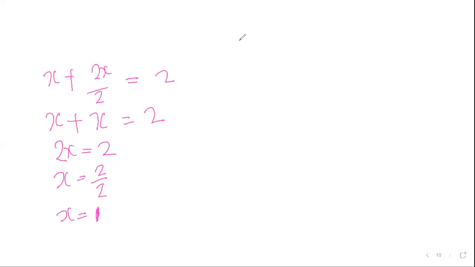I have to divide this into 2 to optimize the space. Since we've been able to get the value of x as 1, we can now get the value of y by substituting x equal to 1 into equation 4.